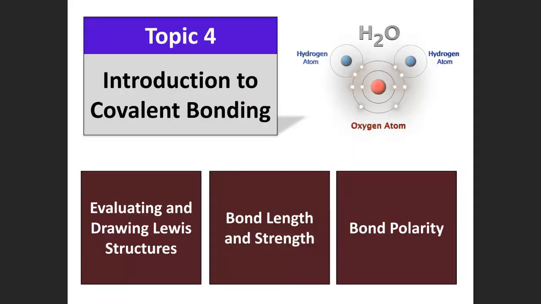Let's now talk about our topic 4, the introduction to covalent bonding. So far we have learned that ionic bonds are formed between a metal and a non-metal, but a covalent bond forms between two non-metals by sharing a pair of electrons.